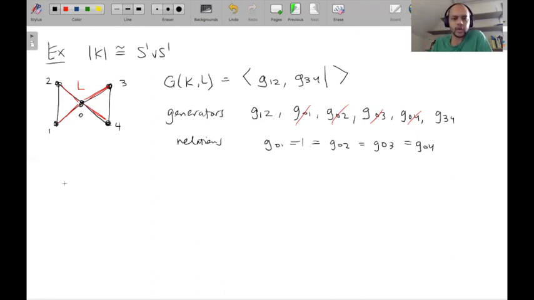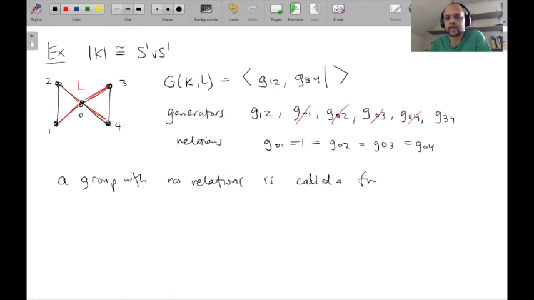Some terminology: a group with no relations is called a free group.